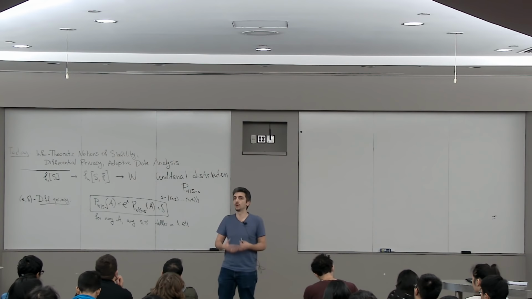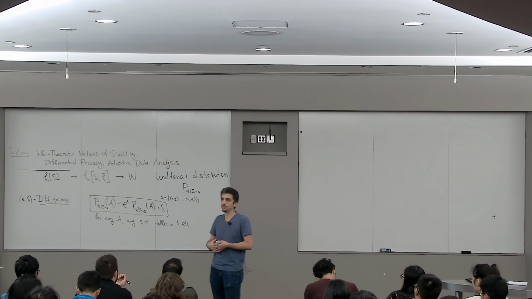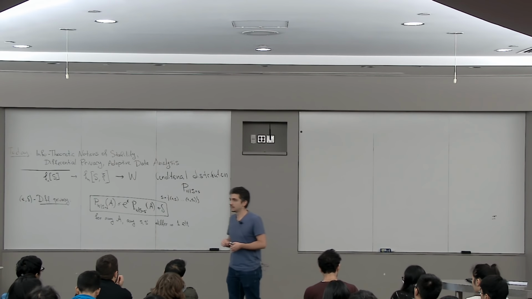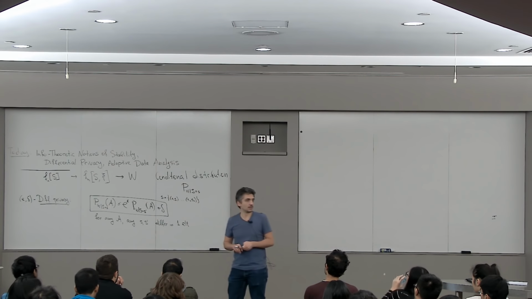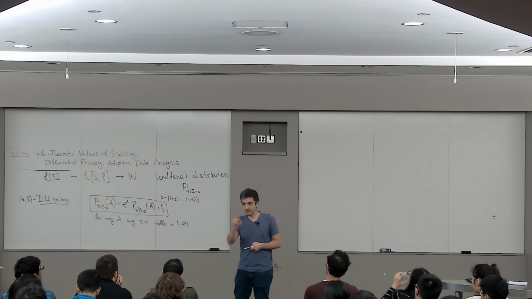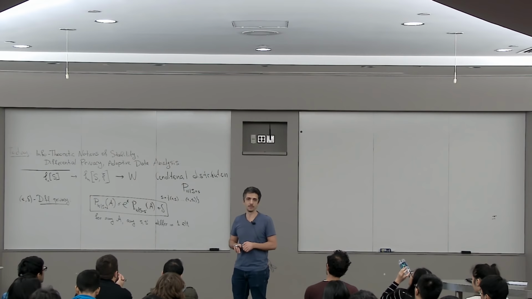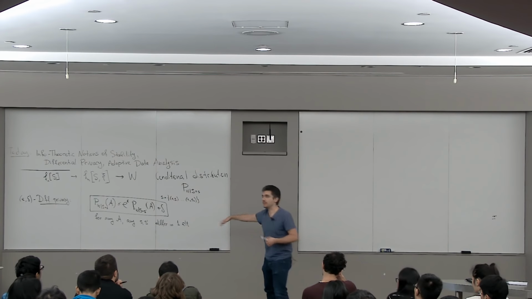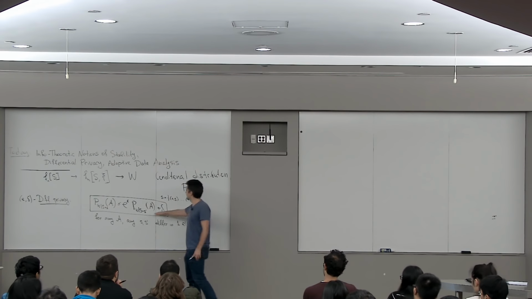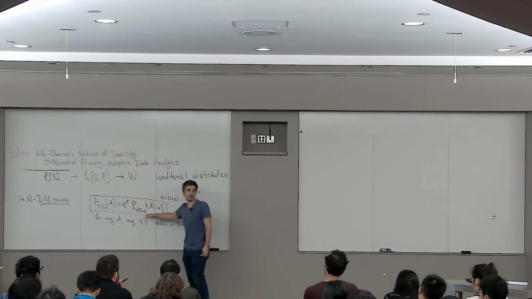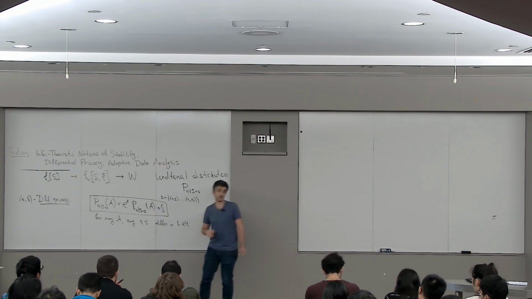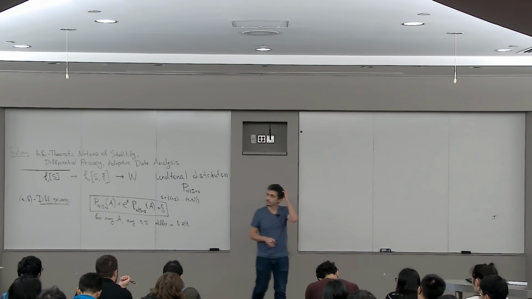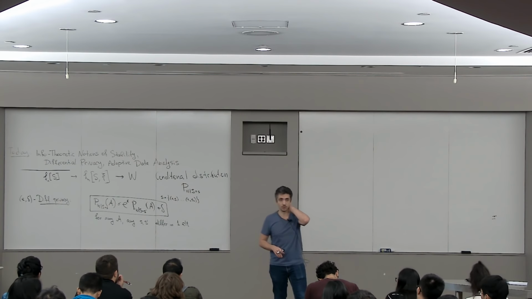So let's say you observe the output of the randomized algorithm, you shouldn't be able to say, this person is in that data set because that's the output of the random algorithm. But because the algorithm is random, if you ensure this, then there is some kind of protection against knowing or making conclusions about whether a particular person is in the data set. That's kind of the rough intuition.